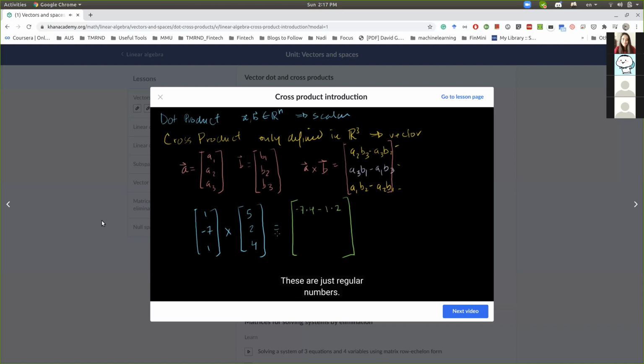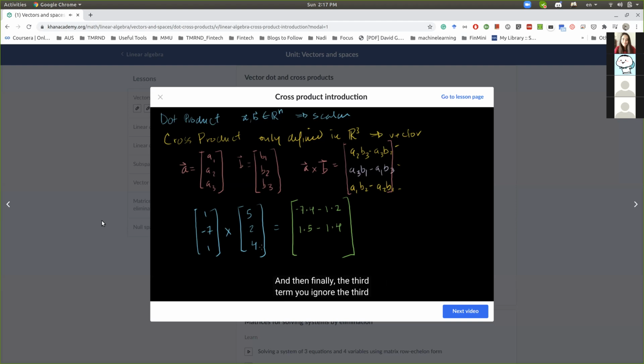Then for the middle term, we ignore the middle terms and do the opposite. We do 1 times 5, minus 1 times 4. Remember, you might have been tempted to do 1 times 4 minus 1 times 5, because that's how we did the first term, but the middle term is the opposite.